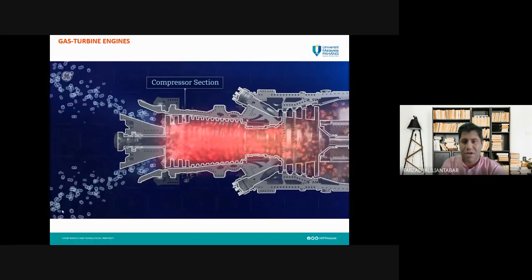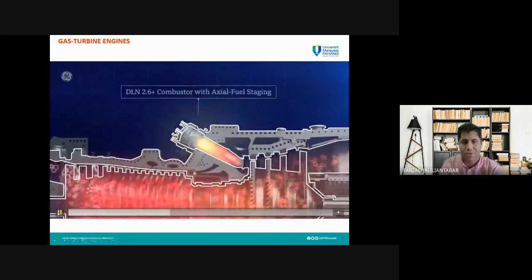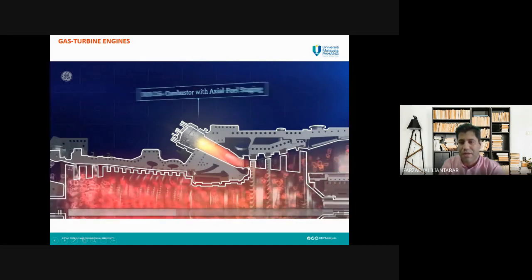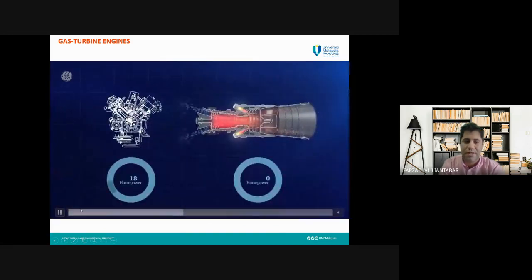You can see here, low pressure, low temperature, then high pressure, high temperature. Then here we have a fuel injection into this flow of hot air. So here is hot air, and here is the fuel injection into this high temperature air. So you can see the similarity.